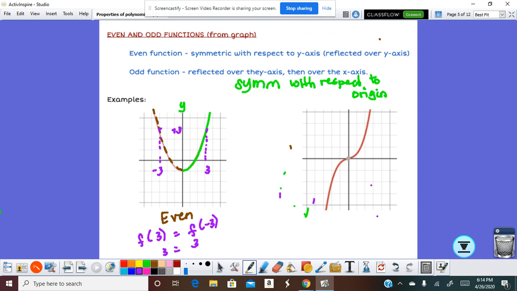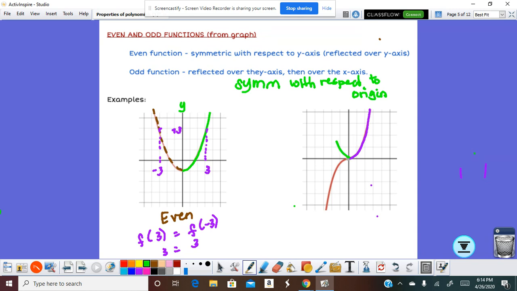Now let's look at the other graph right here. If you take this part of the graph, it's not reflected over the y-axis, but let's draw its reflection over the y-axis.